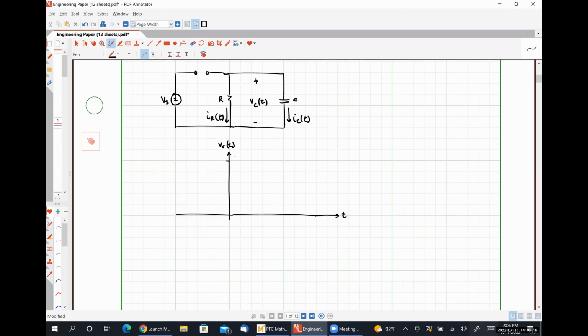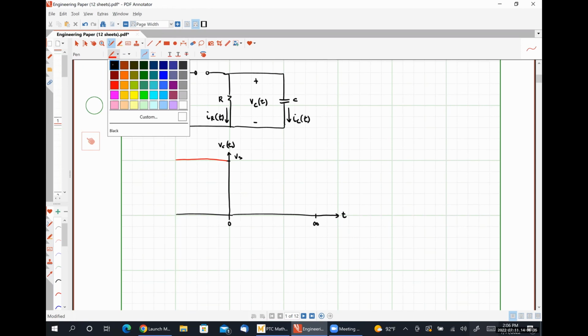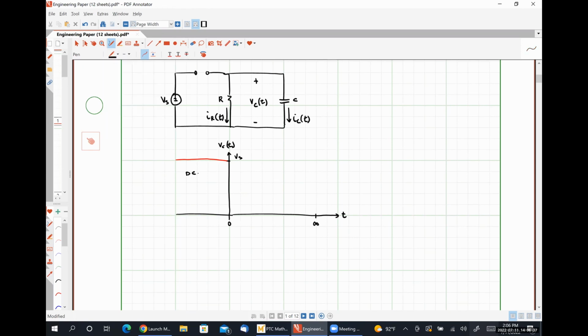Let's call this value Vs, and let's call this value of time infinity. Okay. So for all points in time prior to the switch changing state, our capacitor voltage is constant. We are at a DC steady state condition.